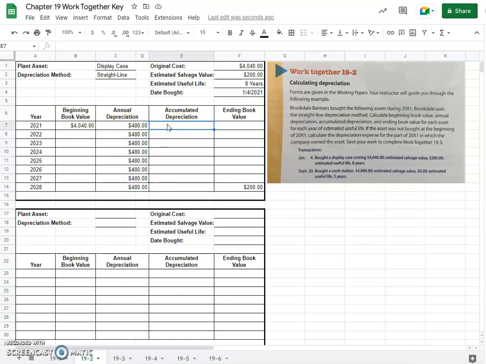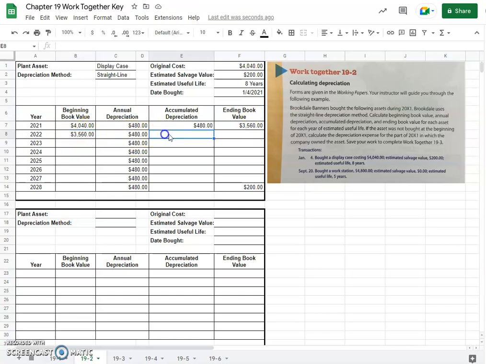Accumulated depreciation. We hadn't depreciated anything yet. So it's just going to be the $480 in the first year. So your ending book value will be your beginning book value minus accumulated depreciation, $3,560. So for the next year, your beginning book value is the ending book value from the previous year, the $3,560.